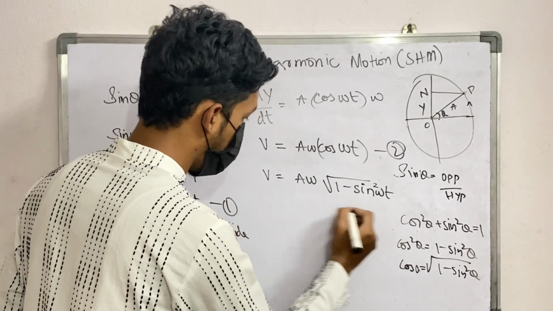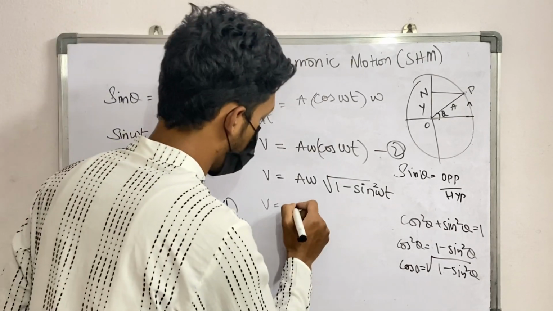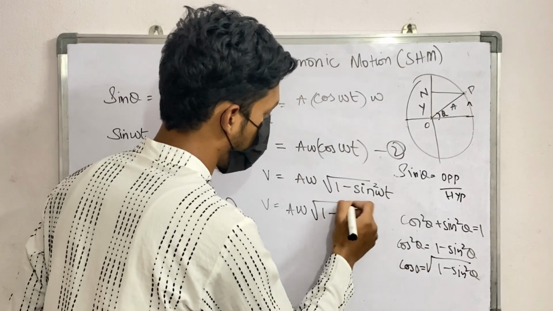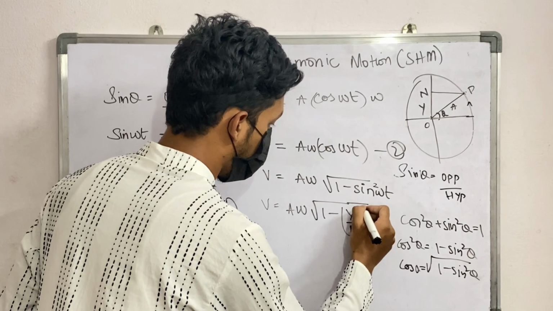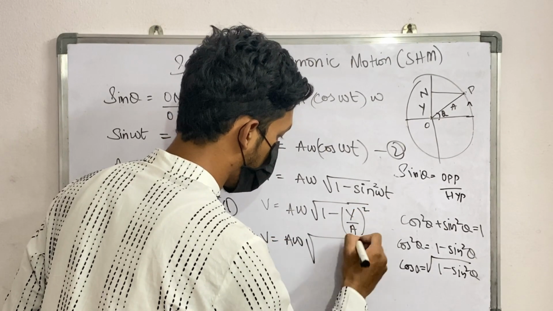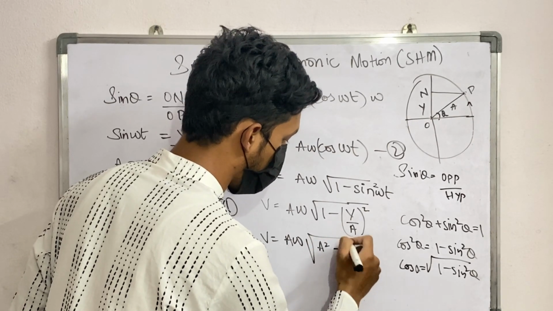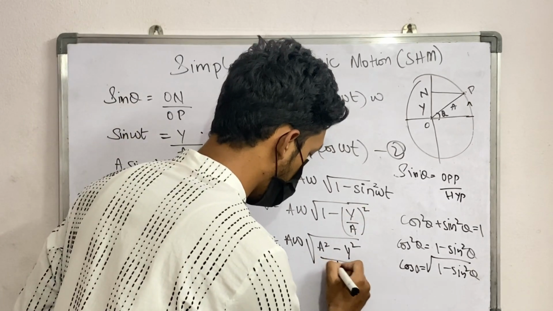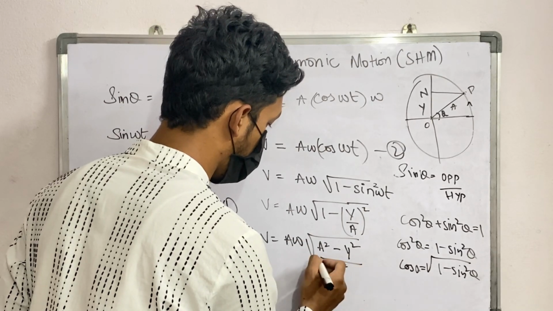Now sine is written as y by a. So a omega, 1 minus sine square is written as y by a whole square. So v is equal to a omega under root, taking the LCM, a square minus y square by a square. The square and root get cancelled for a.